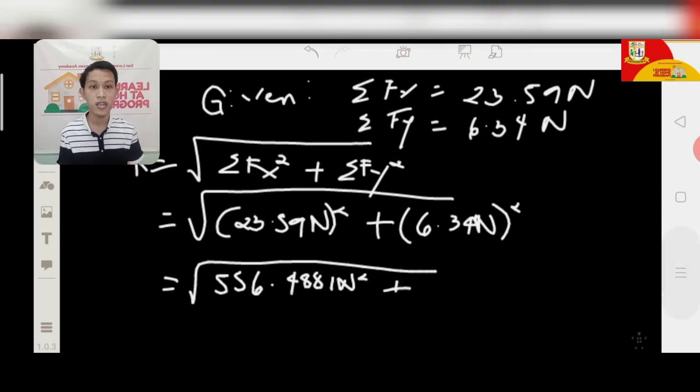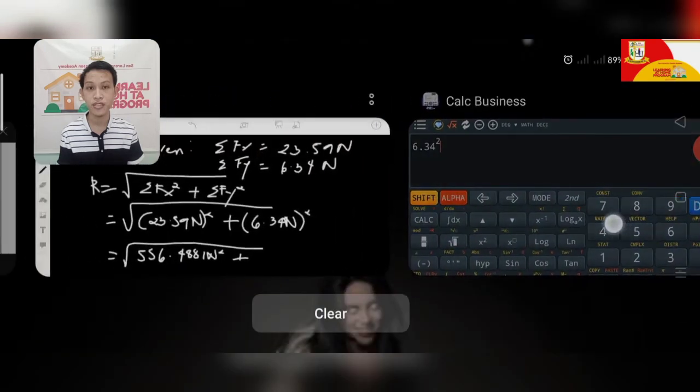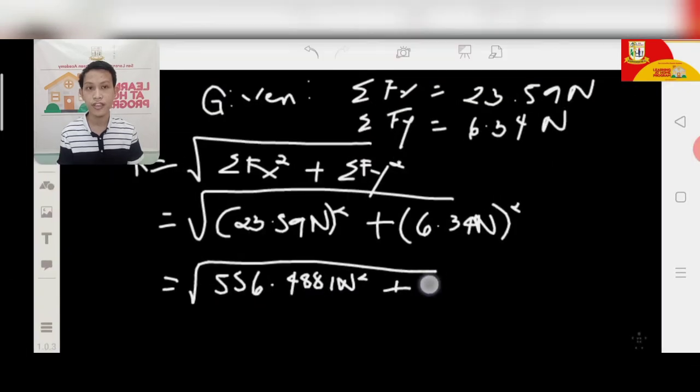Plus 6.34 squared. Type it on your calculator: 6.34 squared is equal to 40.1956.